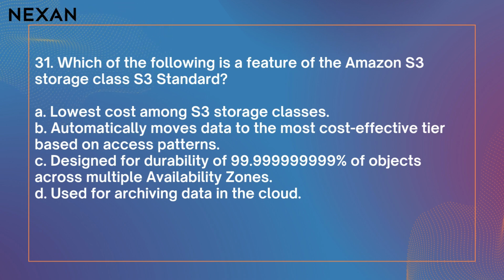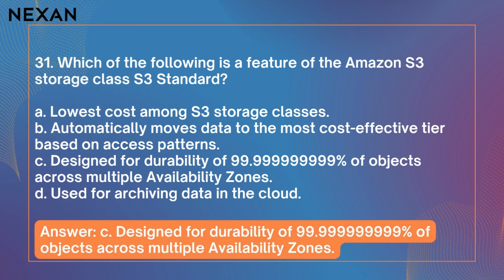C. Designed for durability of 99.99% of objects across multiple Availability Zones. D. Used for archiving data in the cloud. Answer: C. Designed for durability of 99.99% of objects across multiple Availability Zones.